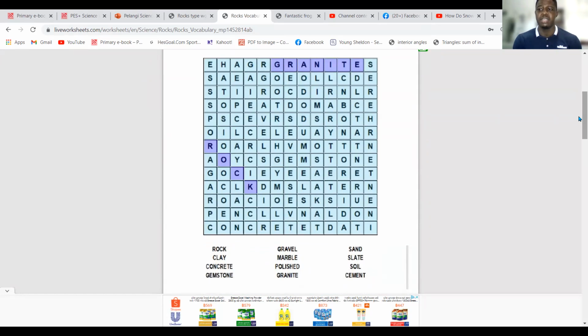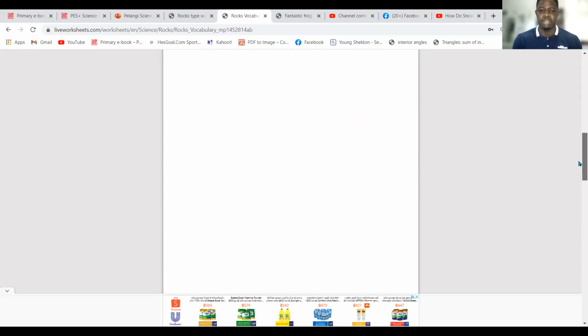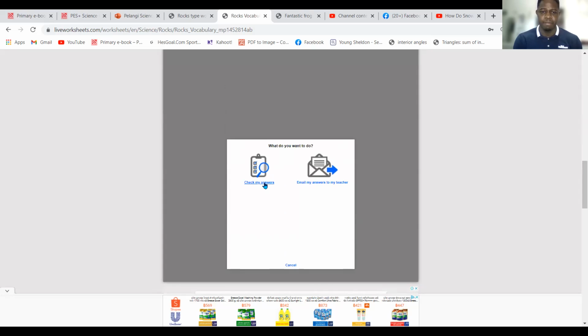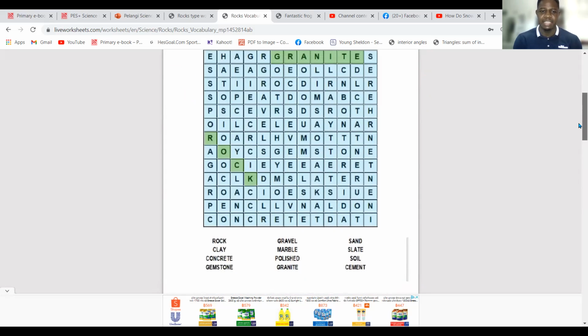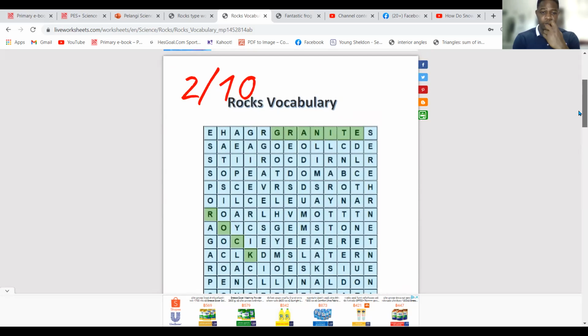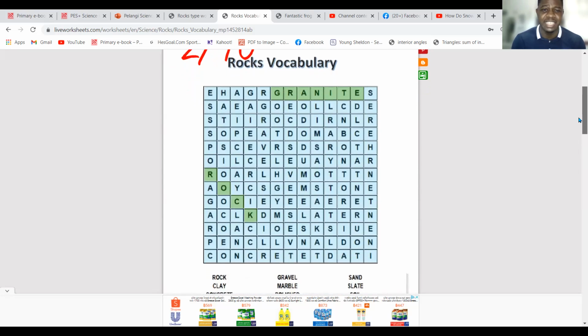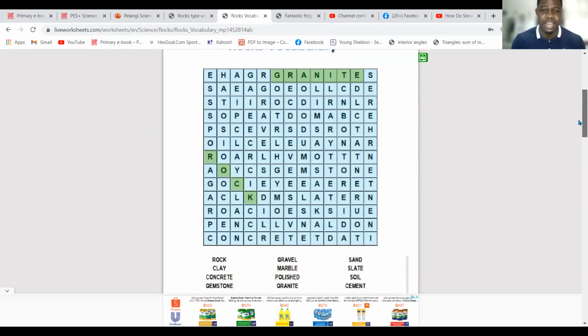That's how to do it. You click on finish, like that. We got just 2 because we did 2, rock and granite. You can do the others, they're all there. So please do both of them.